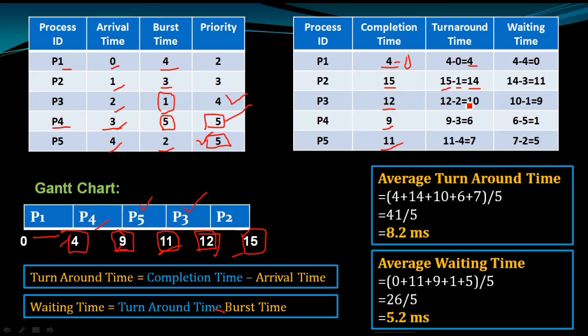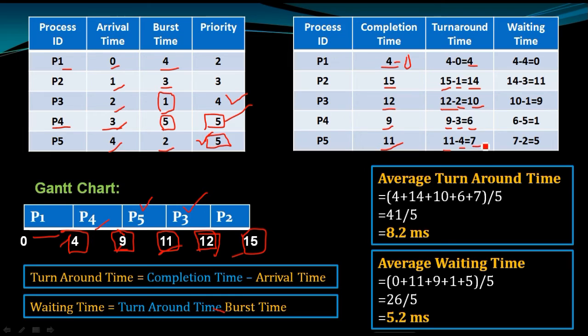P3, 12 is completion, arrival is 2, so 12 minus 2, 10 is the turnaround time. P4, 9 is the completion time, 3 is the arrival time, 9 minus 3 is 6. Similarly, P5 completion time is 11, arrival time is 4, so 11 minus 4 is 7.